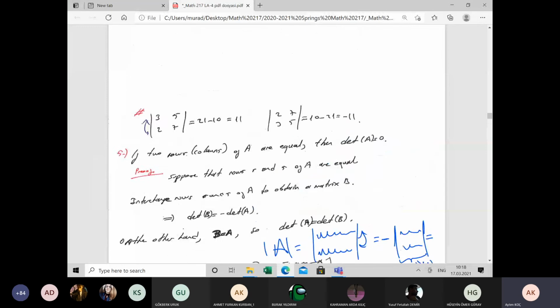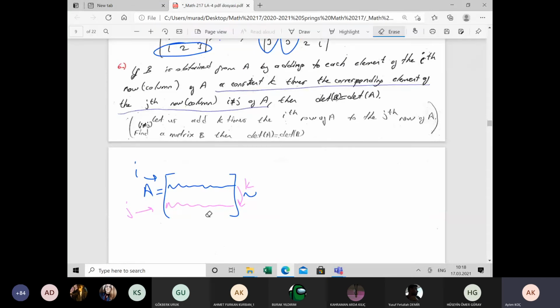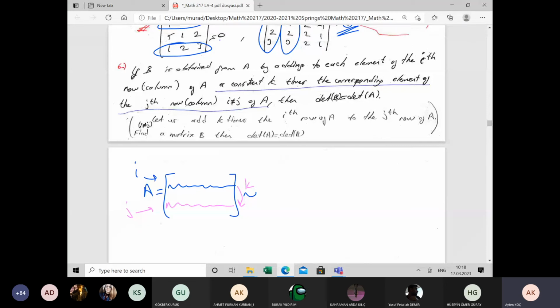Take the matrix A, and take row I and row J. Use the last type of elementary row operation: choose row I, multiply by k, and add to row J. So we obtain a new matrix, not equal to A because it is only row equivalent, not the same.